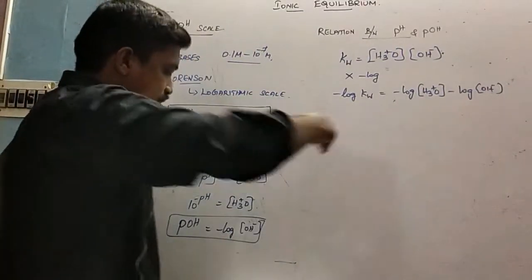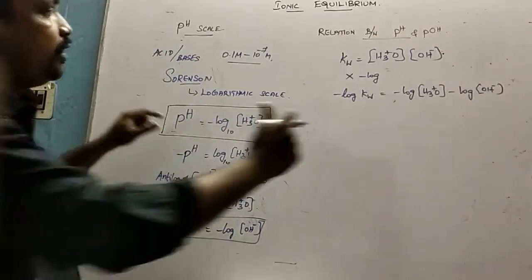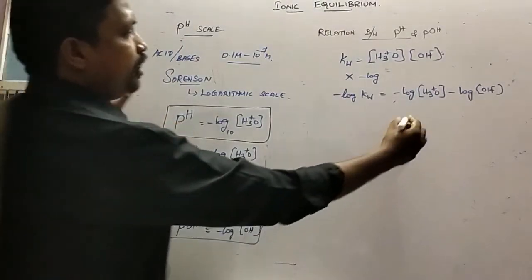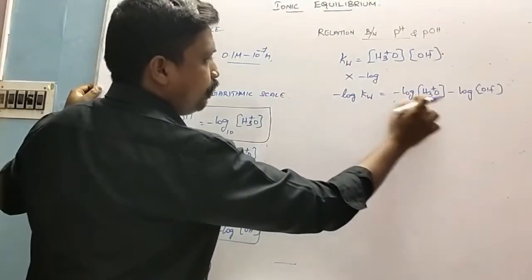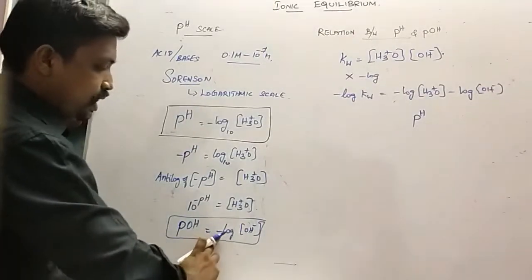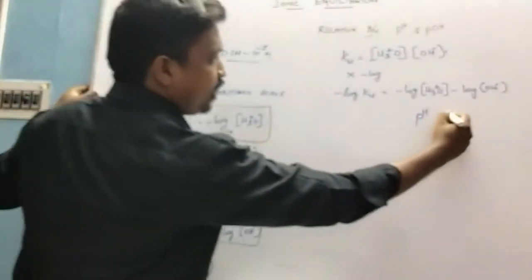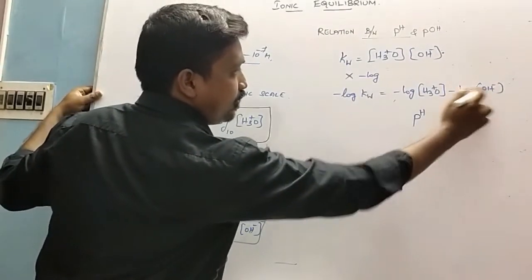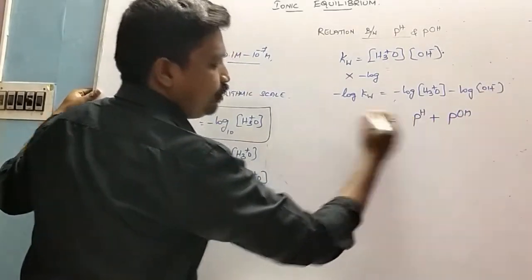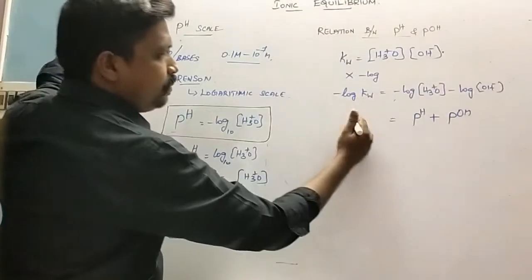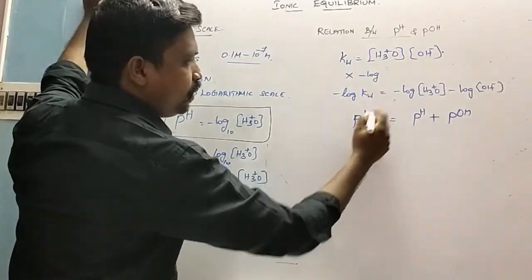For minus log H3O plus we can write pH. Similarly, minus log OH minus we can write as pOH. There will be a plus sign in between them. Similarly, we can replace the left term as pKw.